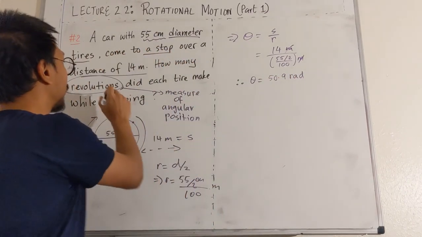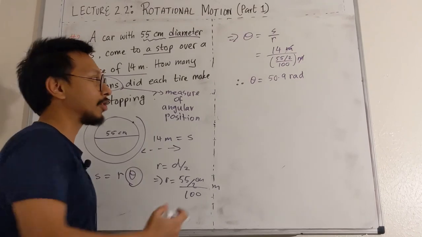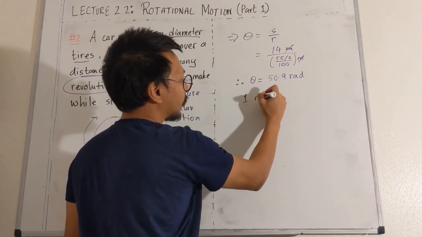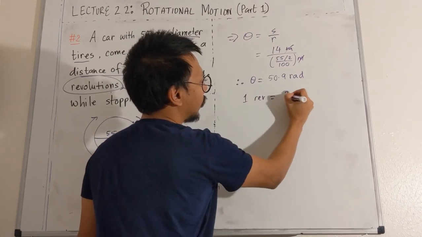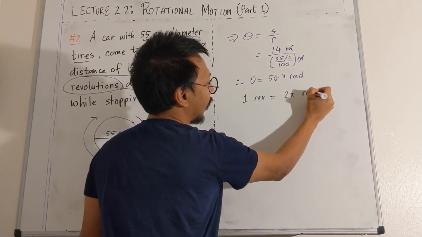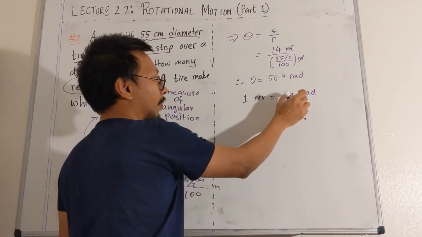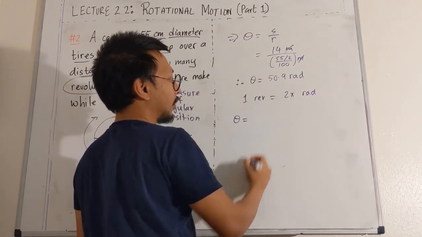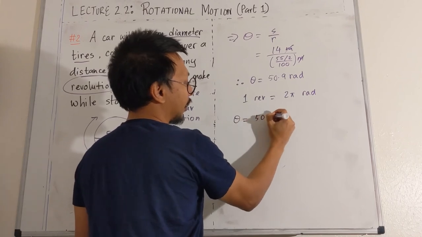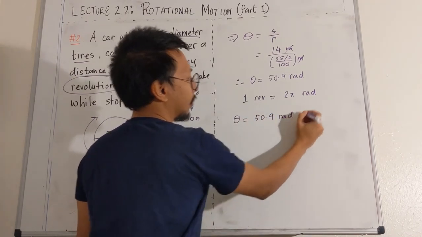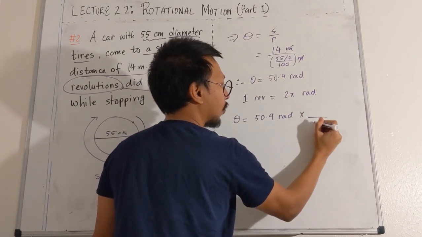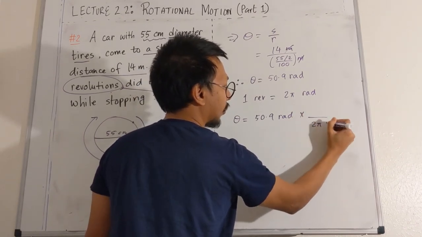However, we want revolutions, which is a different measure from radians. We know that one revolution is equal to 2 pi radians. So to go from radians to revolutions, theta is equal to 50.9 radians multiplied by 1 revolution over 2 pi radians.